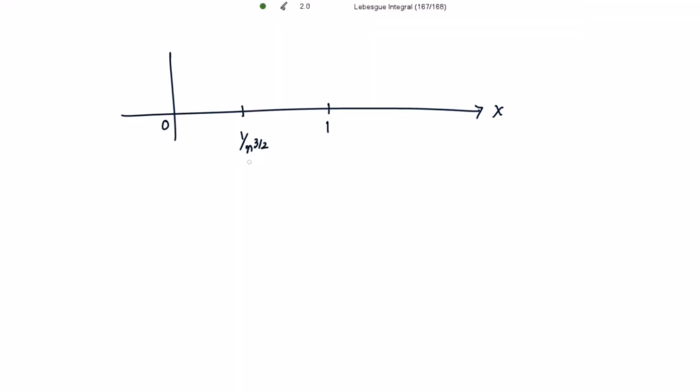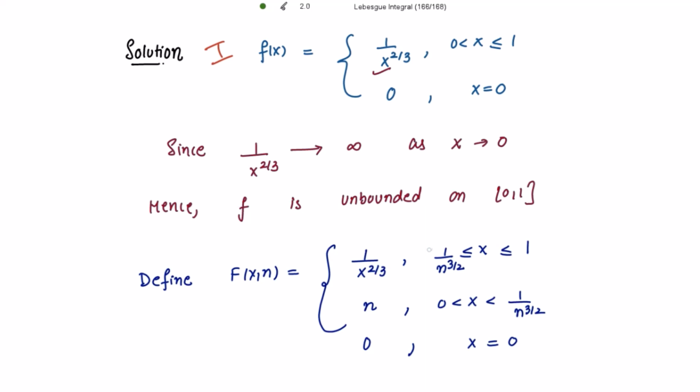That is, for the values of x lying in this interval, the function gives the value 1 divided by x to the power 2/3. Here these two points are included, as this interval is closed.